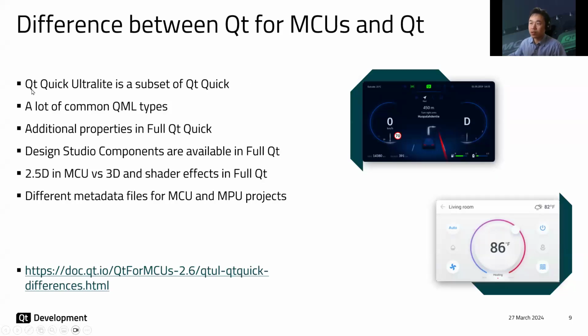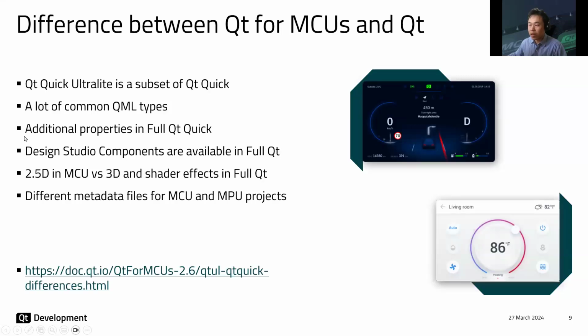You can see here Qt Quick Ultralite is a subset of Qt Quick. There are already a lot of common QML types, but some are missing in Qt for MCU. For example, the toolbar is not available, and some other types are also not available.